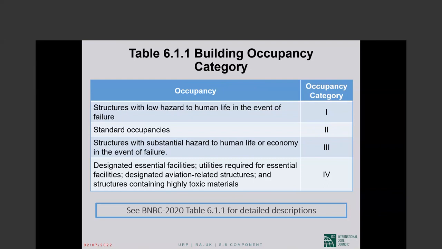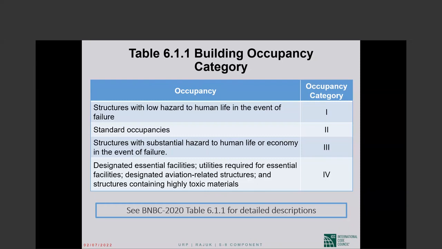That role now has been taken over by the seismic design category, which is a function of the seismic hazard at the site of the structure, which is what the seismic zone was all about, but also the occupancy of the structure, whether it's a hospital or a police station or an office building or a school, and very importantly, the soils at the site of the structure.